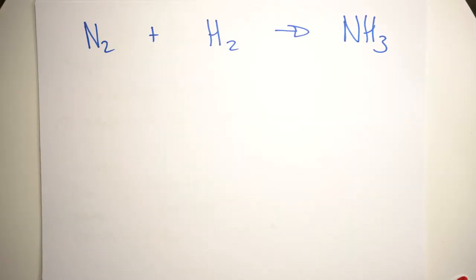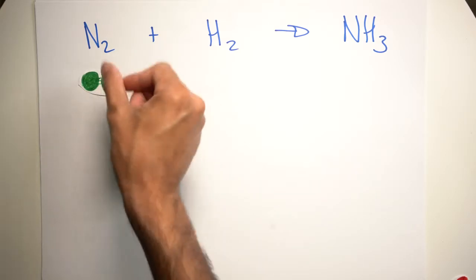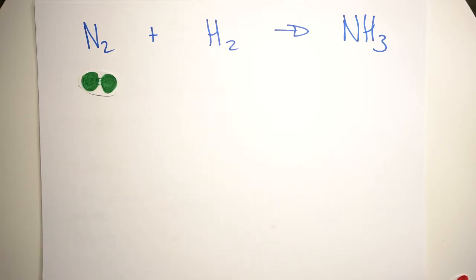Okay, so now we have N2 plus H2 gives you NH3. So first of all, the picture method. N2, I'm going to have represented with these green atoms. That's 2 nitrogens stuck together, okay? H2 is going to be like this, 2 hydrogens stuck together.